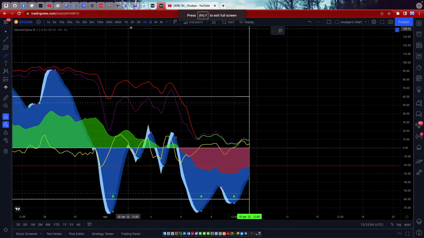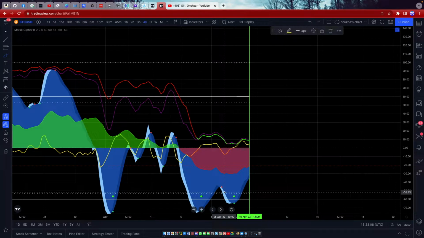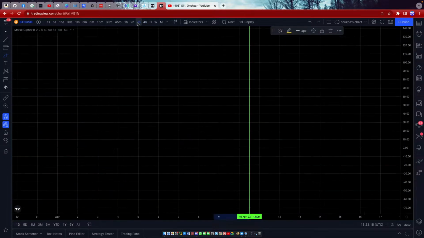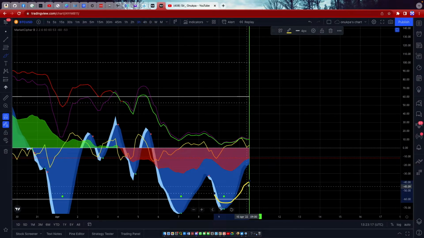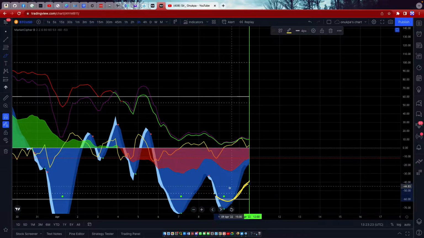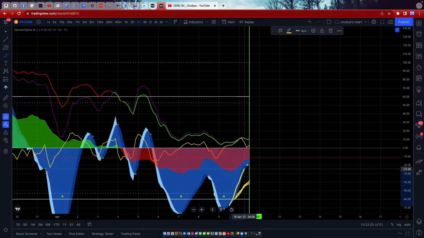On a 4-hour time frame, we realize that our vertical line is here and our oscillators are heading towards this side. Makes sense. Let's go to our 3-hour time frame. Then you realize the direction has changed, because our oscillators look like this on a 4-hour time frame, but this time it looks like this. So it's like it's climbing.